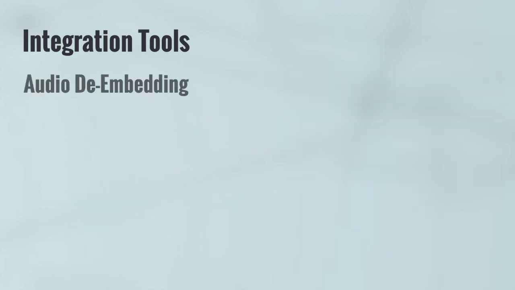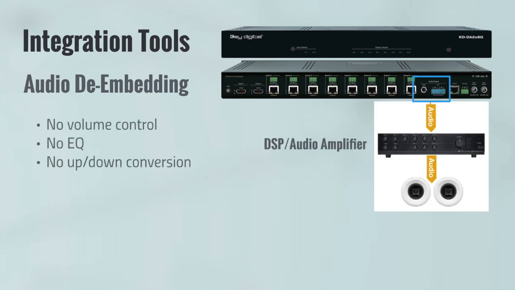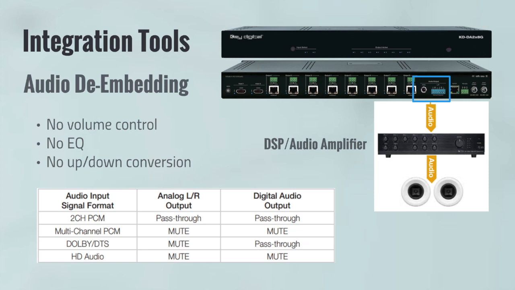Now keep in mind, when using the audio de-embedding, there is no volume control, no equalization, and no format conversion. So if you wish to have analog audio output, then of course your maximum incoming audio format from your HDMI source should be limited to 2-channel PCM.